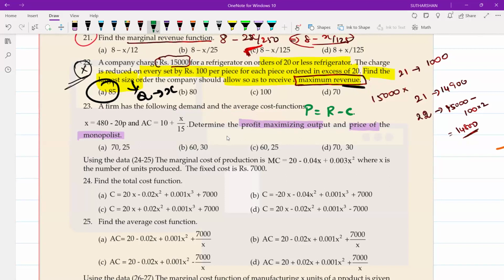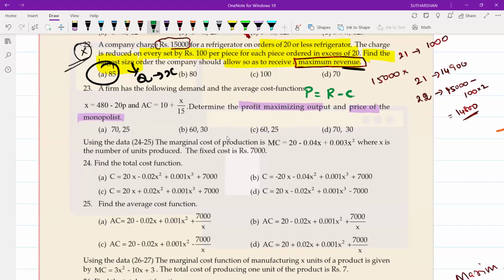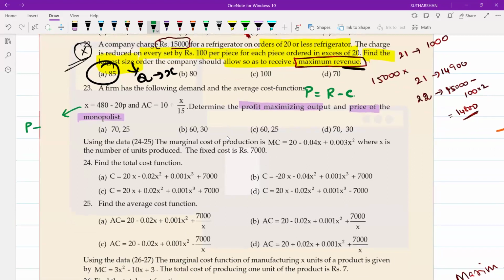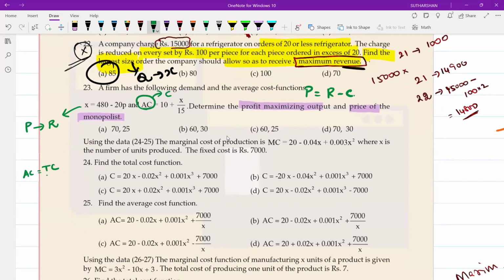So I will change this output in terms of P and then convert it into R. This AC, I want cost. Average cost is nothing but total cost by X. I need total cost, so average cost into X equals total cost. Are you able to understand that?